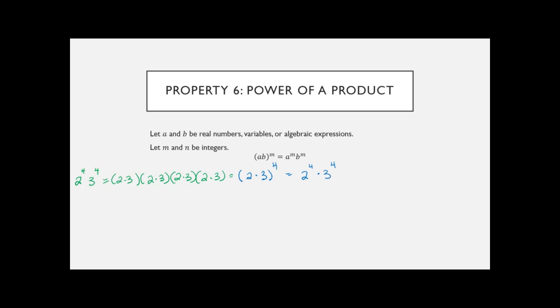I do want to do one that's usually tricky for people. Let's do something like this, (-5 times 4) squared.